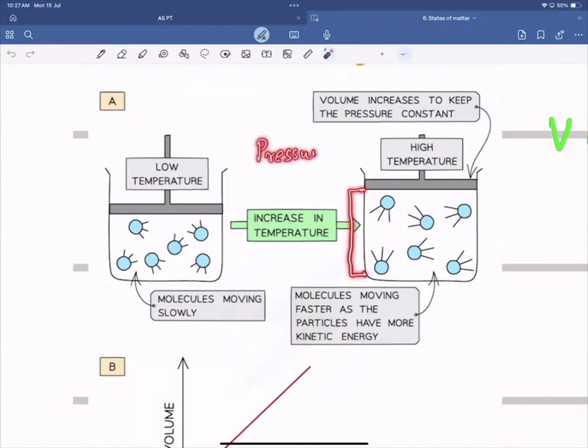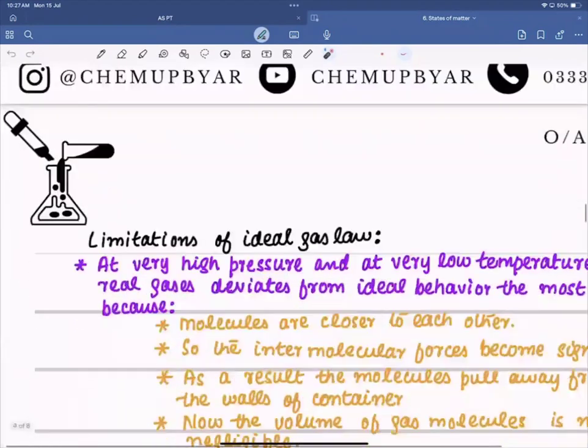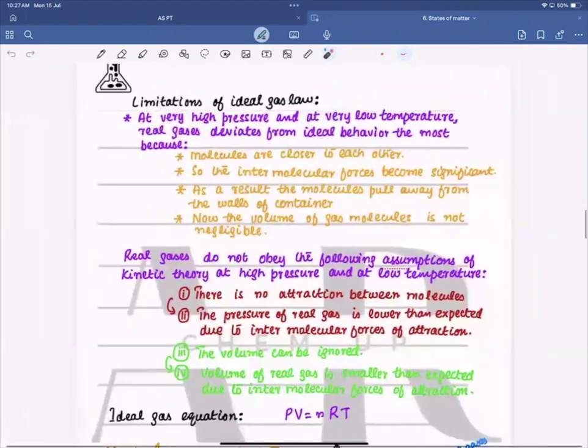Is this clear? If you have any query till here, the volume increases when there is an increase in temperature.